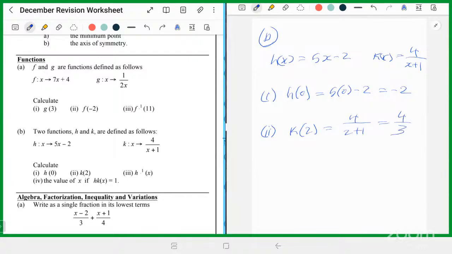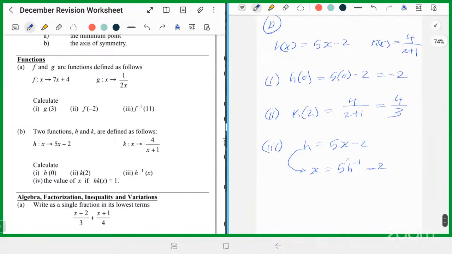Next part wants h to the minus 1 of x. That's the inverse of this function. So simple again, part 3. I'm going to start by saying h is equal to 5x minus 2. For the inverse, when you inverse it, the h becomes x, and this x becomes h to the minus 1, minus 2.